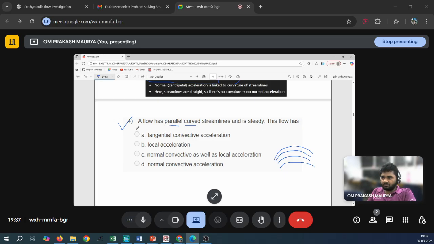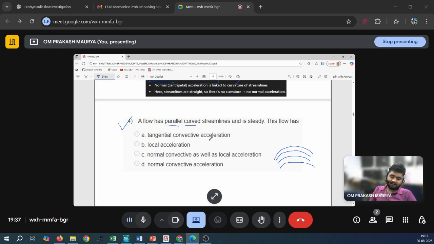Now, whether this situation has tangential convective acceleration, local acceleration, or normal convective acceleration, as well as local and convective and normal convective acceleration. A similar concept you need to understand here, but here it is parallel.